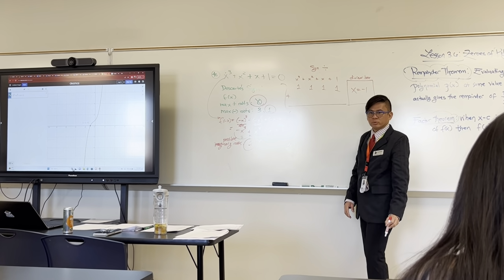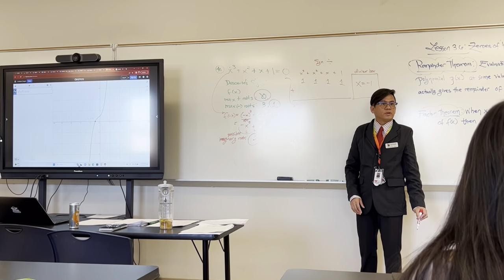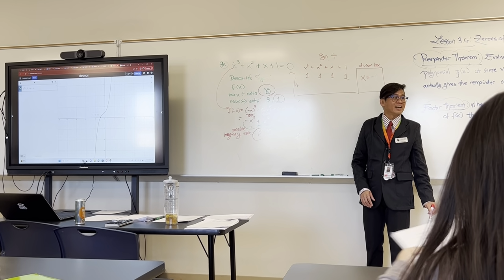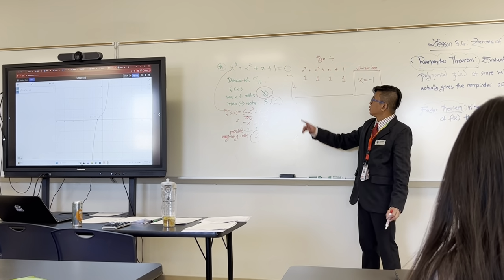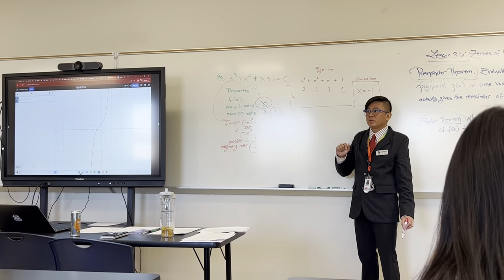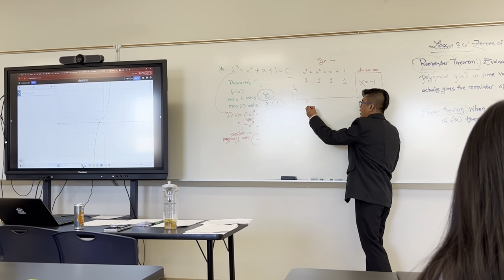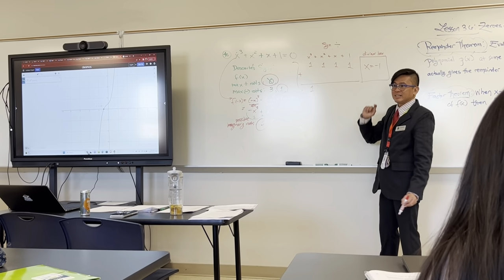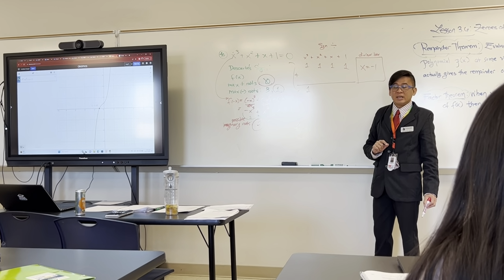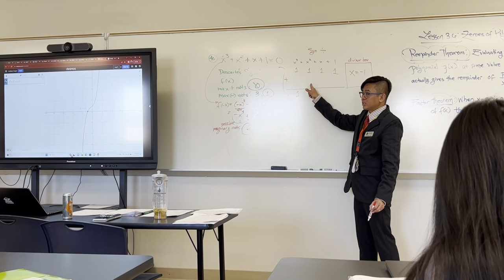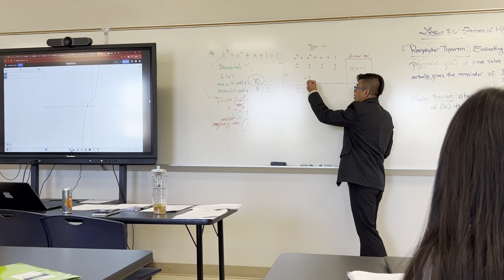First term, bring down the 1. What do you do with this and this? Multiply and add to the next column. So this is negative 1.